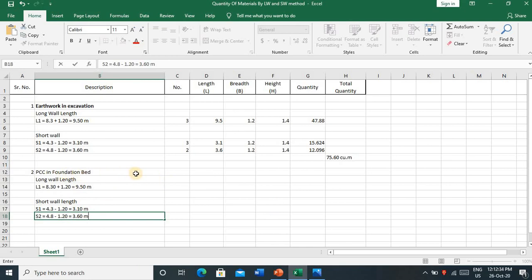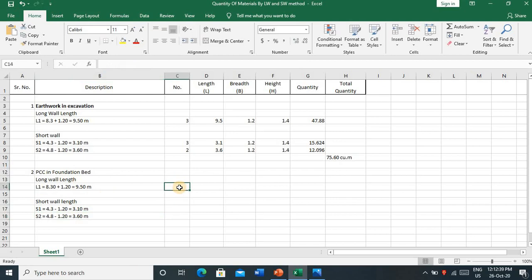So for PCC in foundation bed, for quantities, long wall 1 numbers are 3, length will be 9.50. You have just calculated it, so write this length 9.50. Breadth, what will be the breadth? 1.20, you have already taken for calculation.